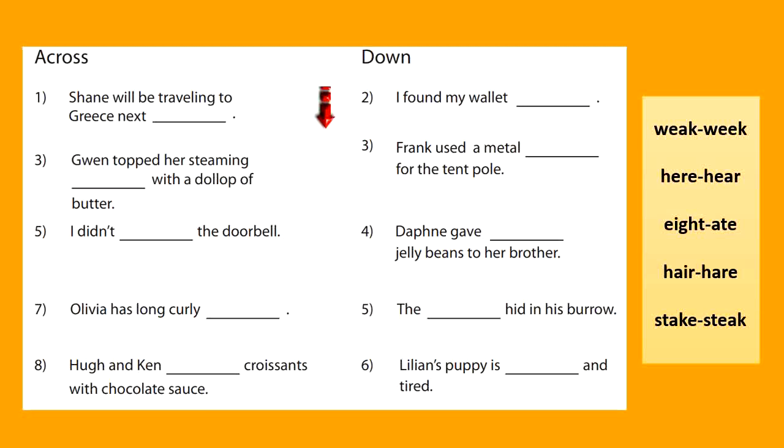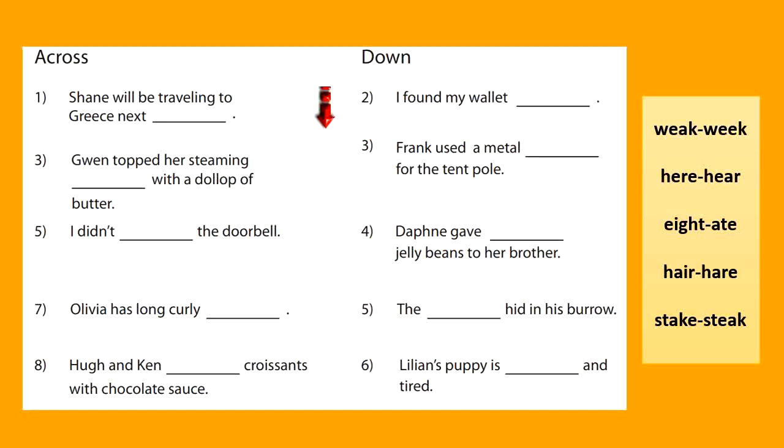So let us look at these clues and remember they are homophones. I have also shared the answers for your reference. Shane will be traveling to Greece next dash. Now this can be any time, next day, next year. But what do you think?